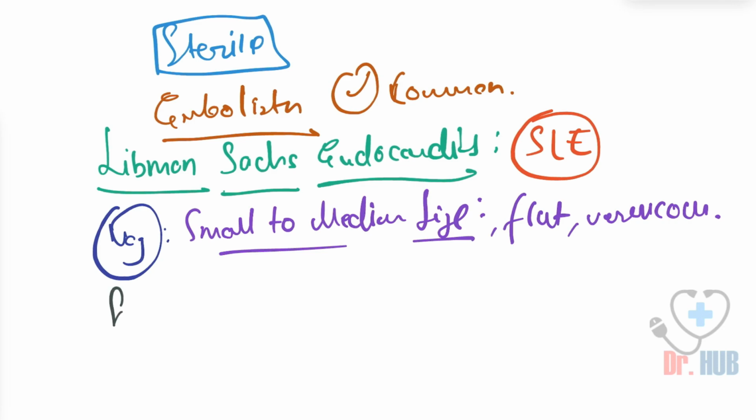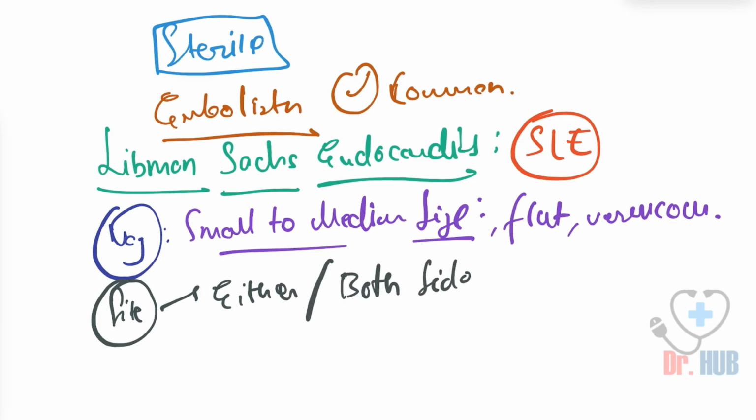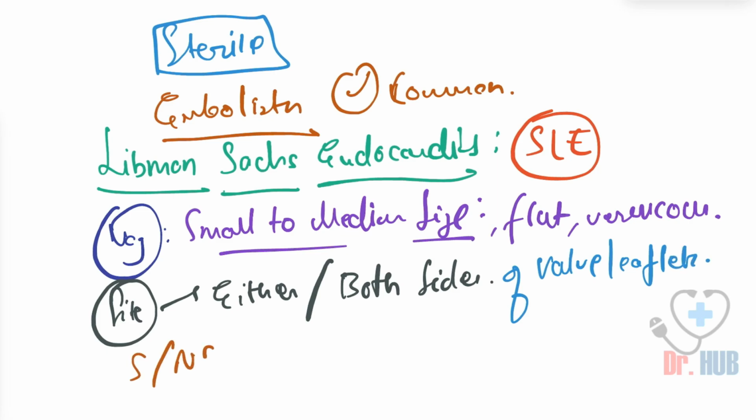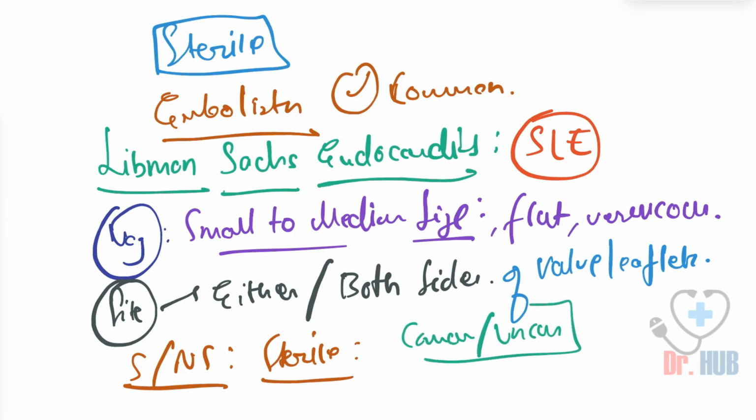Where are they present? The site is on either or both sides of the valve leaflets. Is it sterile or non-sterile? It is sterile. Is it common or uncommon? It is uncommon. Here, common or uncommon refers to embolization.